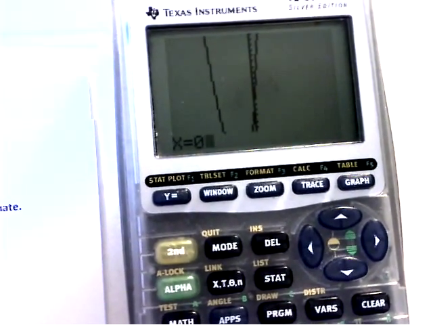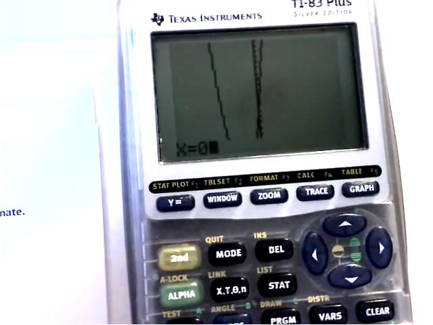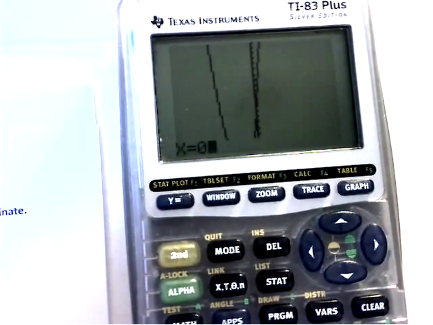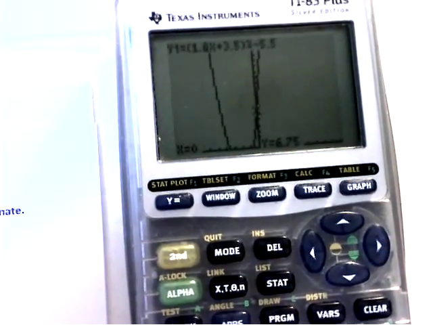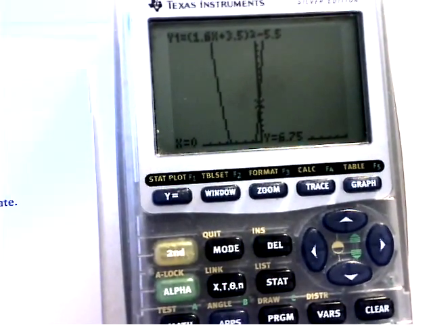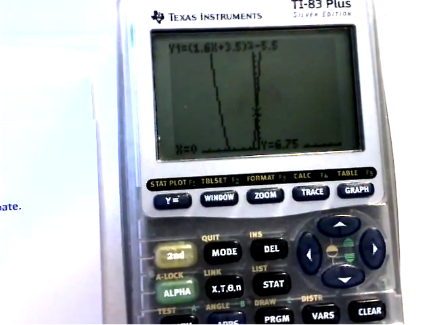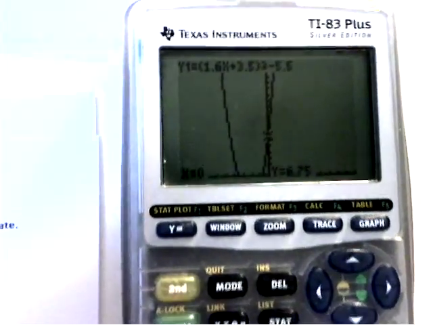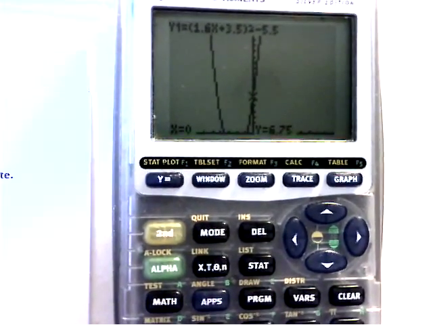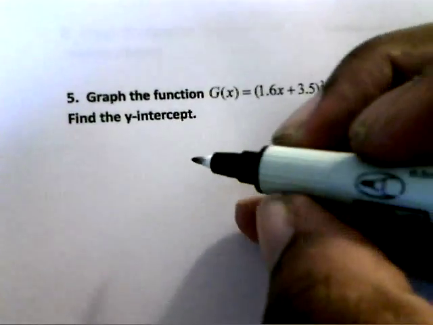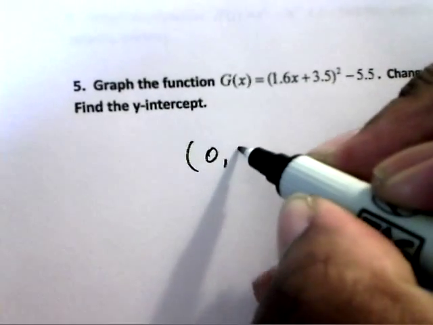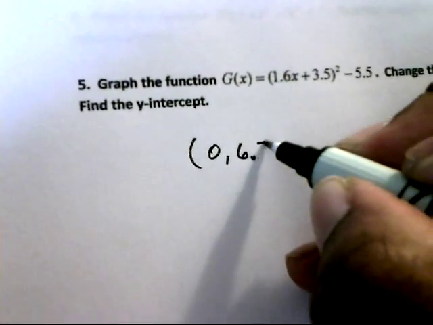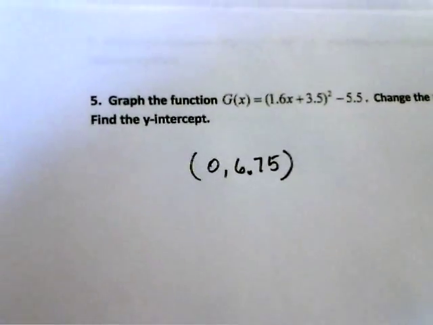So we're finding what the y-coordinate is when x is equal to 0. That will give us our y-intercept. So once you enter 0, press enter, and you'll get 6.75. That means this graph is crossing the y-axis at 6.75. So the ordered pair here will be 0, 6.75.